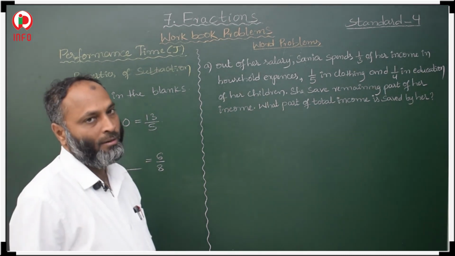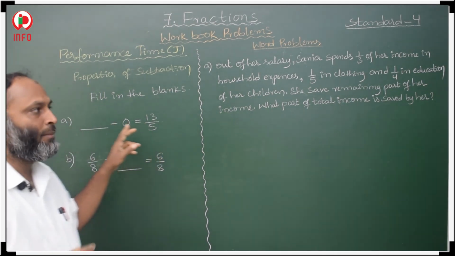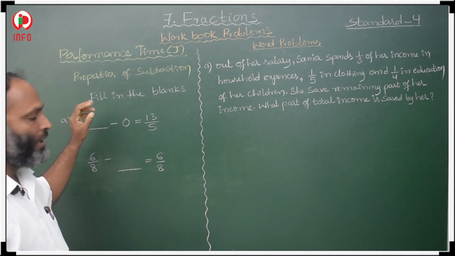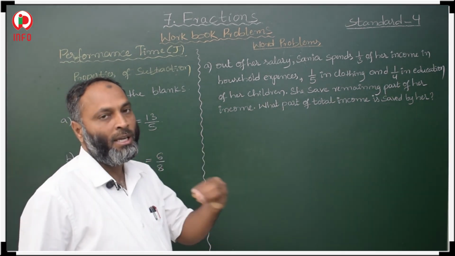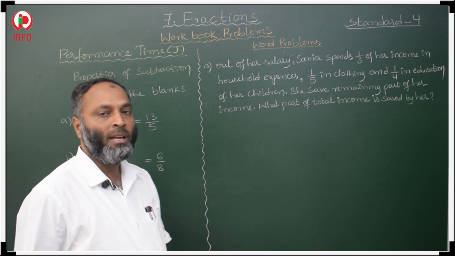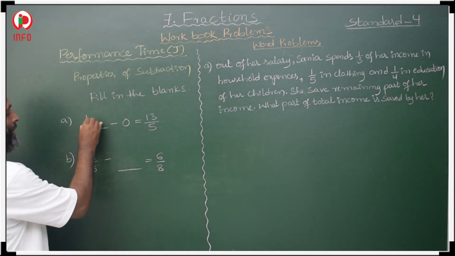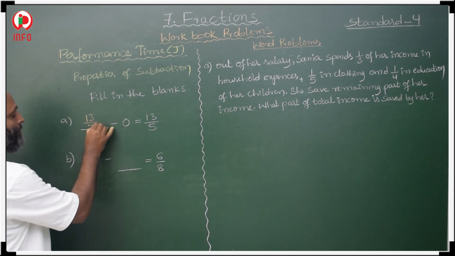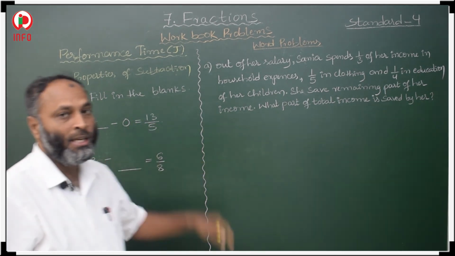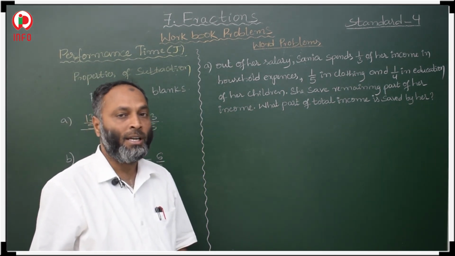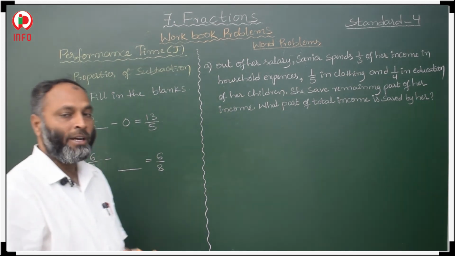The same number, so whatever number is the answer, if that number is there here, it means if from any fraction 0 is subtracted, then you will get the number itself. It means here also we should get 13 by 5. 13 by 5 minus 0 is always the fraction itself. The fraction minus 0 is always the fraction itself.